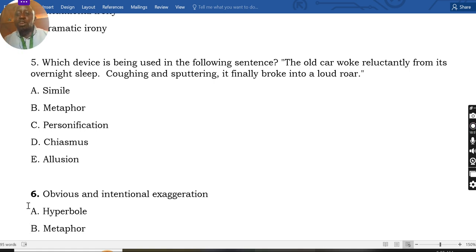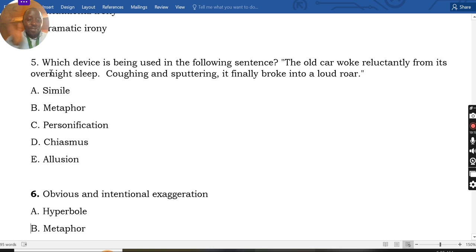It finally broke into a loud roar. So, dear student, is it A, simile? B, metaphor? C, personification? D, chiasmus? E, allusion?